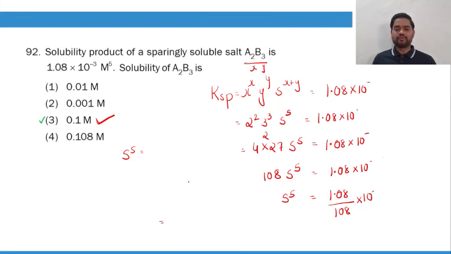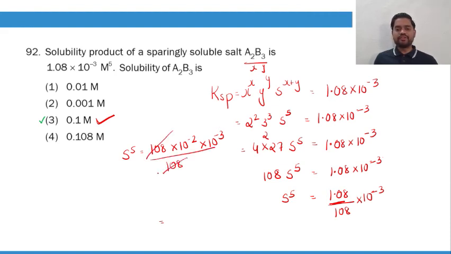Yeah. So now 10 raised to minus 3. So it will be 108 into 10 raised to minus 2 into 10 raised to minus 3. I have converted this 1.08 into 10 raised to minus 2, whole divided by 108.